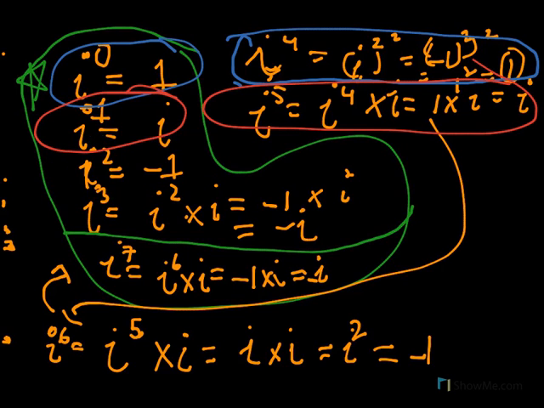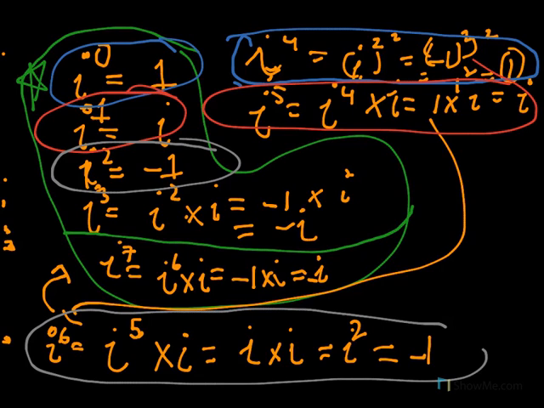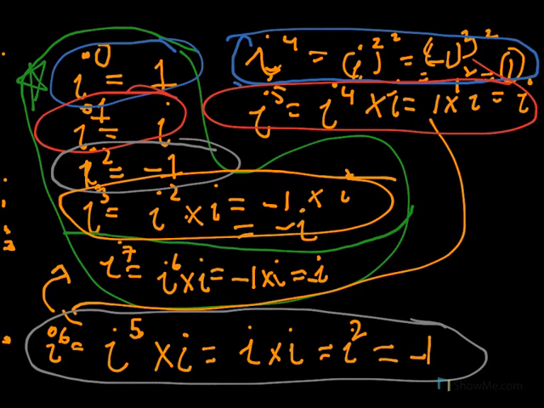I don't have enough colors. What should I do? I'm having no other colors. i to the 3rd is equal to i to the 7th.